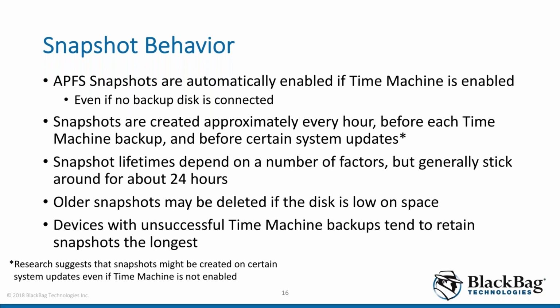They may be deleted sooner if you have lower disk space, and they may stick around longer if your Time Machine backups have been unsuccessful. But there's some complex formula there that decides how aggressively these should be deleted based off of a number of factors. But in general, you can think that if Time Machine is enabled, you'll get a snapshot every hour, and they'll stick around for about 24 hours.